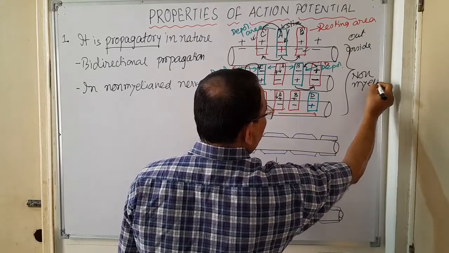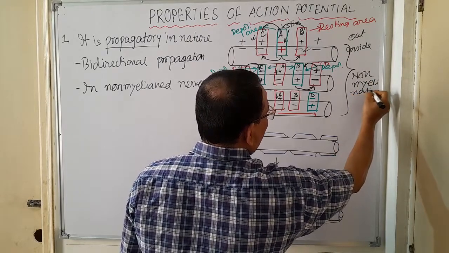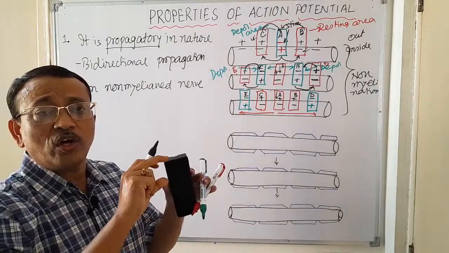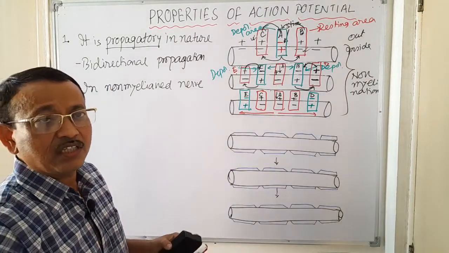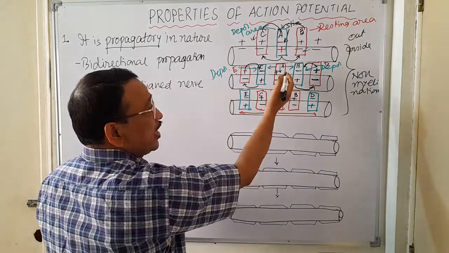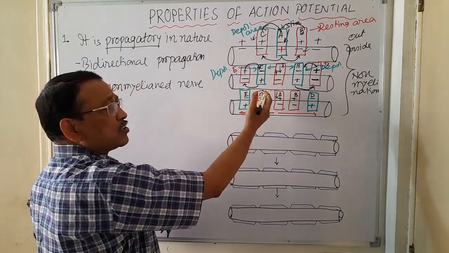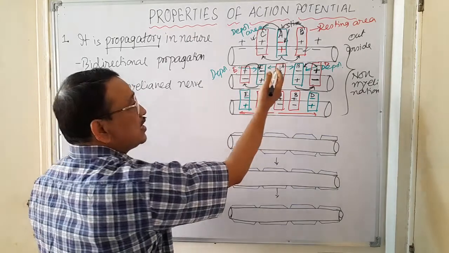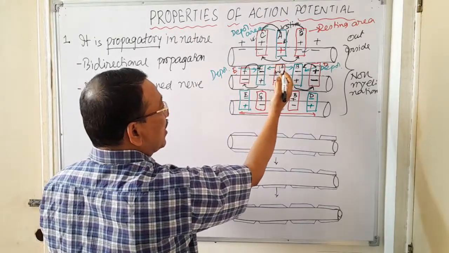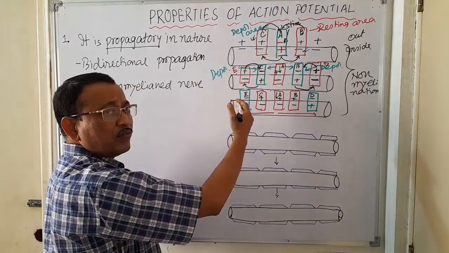The nerve fiber in which no myelin sheath is there, no insulator is there. So here, depolarization is taking place at each and every point.